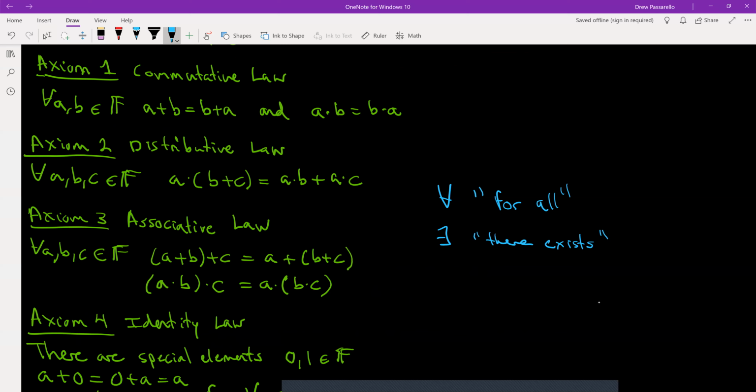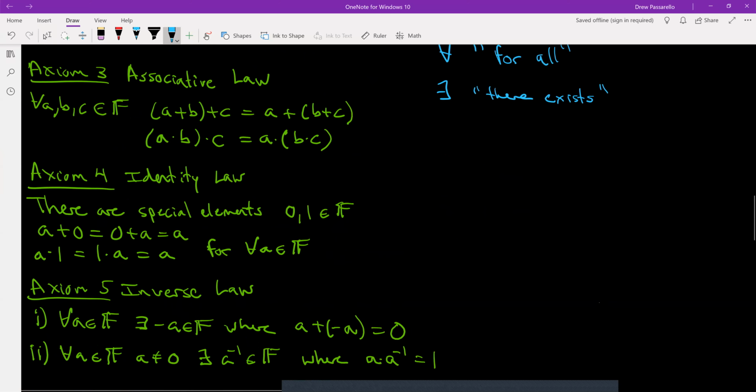These are symbols you should already be familiar with. So for all A, B, and C in F, for the associative law, we basically switch where we do the grouping of the parentheses, whether we do A plus B in parentheses or group the parentheses around B plus C. And same for multiplication.